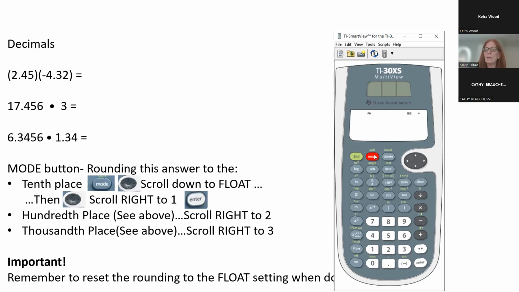So if I click this up arrow, I can see the most recent problems that I did. And if I highlight one and hit enter, it'll copy it. And then because I set this calculator to round at the 100ths place, which is right here, this 8, it will stop the number there and decide if it's an 8 or a 9.